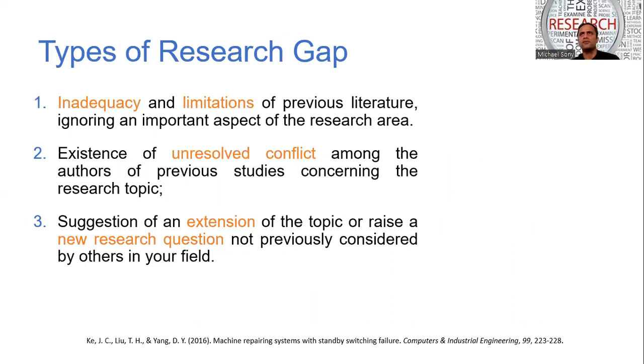There are three major types of research gaps. One is inadequacy or limitation of the previous studies, which have been ignored in the previous research. Take, for instance, you have two constructs: stress causes divorce. Previous studies have tried to study this relationship between stress and divorce.